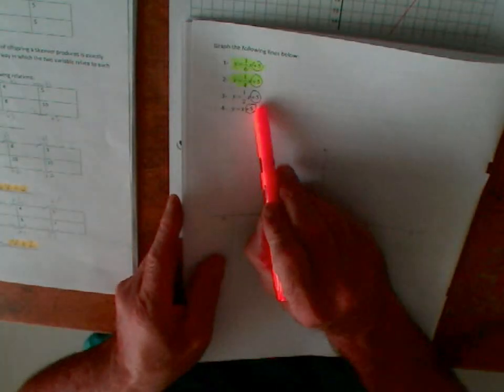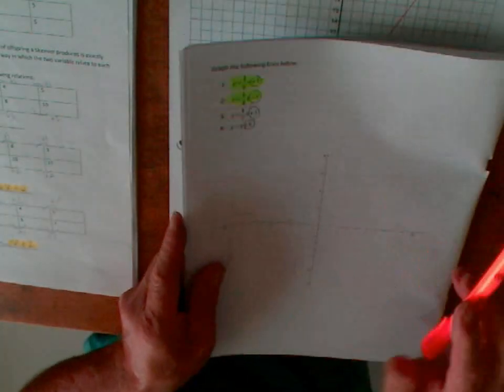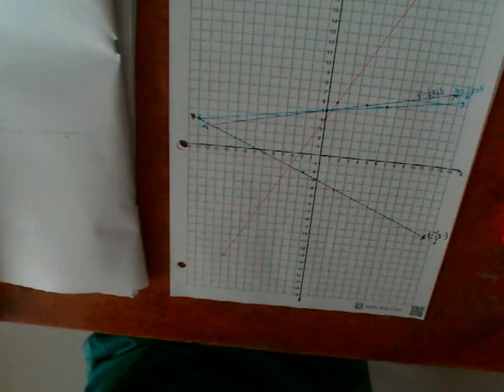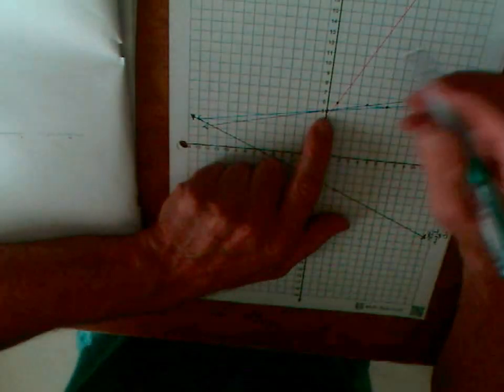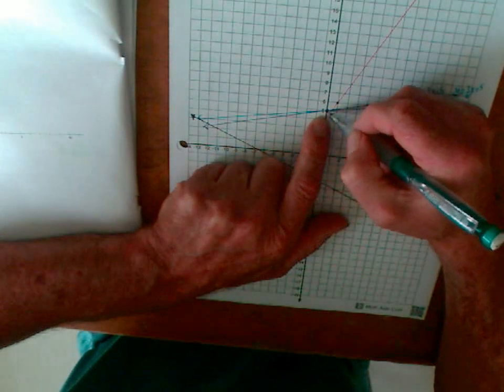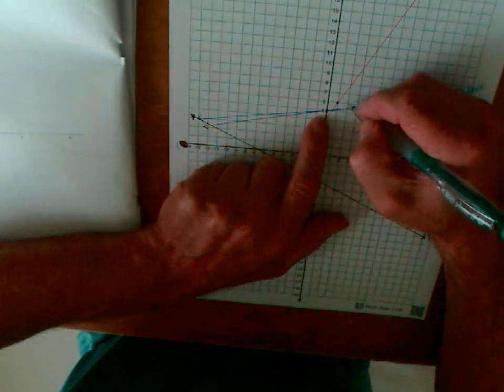And the next one, y-intercept is 5, except the slope is a half. So this will be getting steeper. So applying the slope to this y-intercept, we're going to rise 1 and run 2.